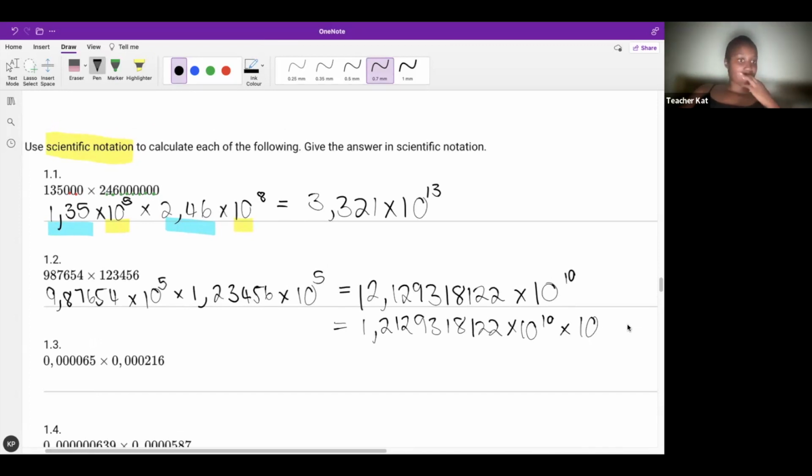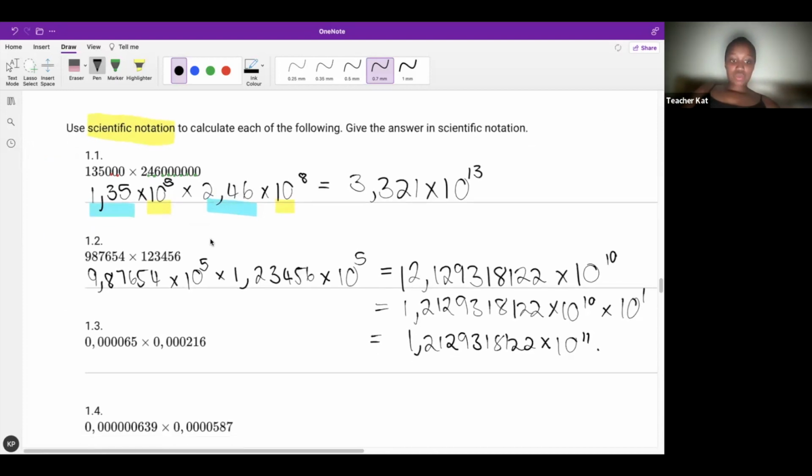Positive what? Positive 1, guys. I haven't added it yet, right? And then in the last step, we add them. So it is 1,2129318122 times 10 to the power of 11.